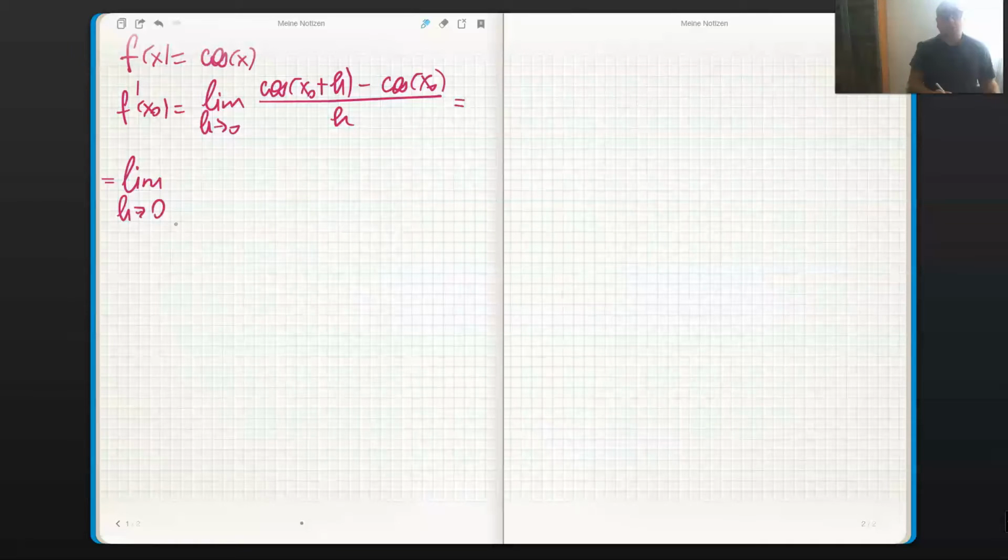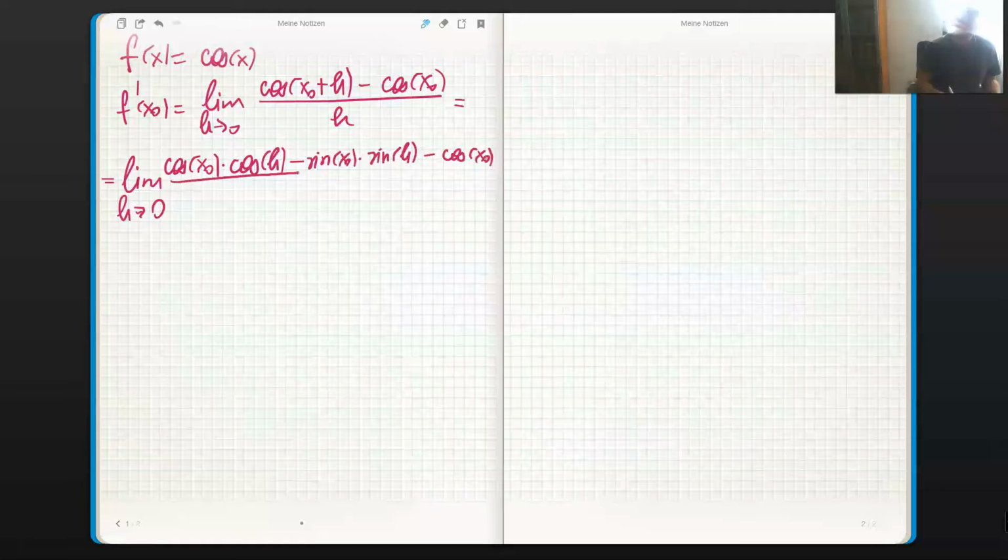Now we're using once again the addition theorems, so we're having cosine of the first angle times the cosine of the second minus the sine of the first times the sine of the second, and still minus the cosine of x0. We divide it all by h.